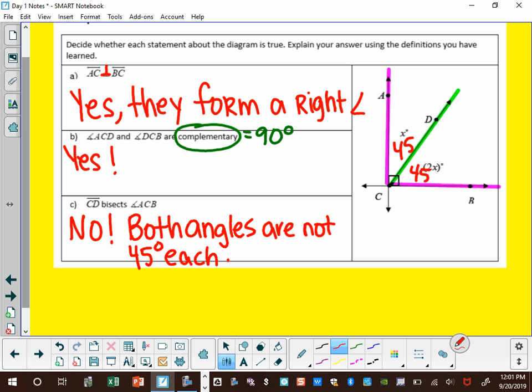We could solve it if they gave us 2x and x. But I'm thinking it could be 60 and 30, or it could be 70 and 20. It could be anything. We don't know that each one is 45. All right, any questions on number 5? All right, let's finish up. Let's do number 6.